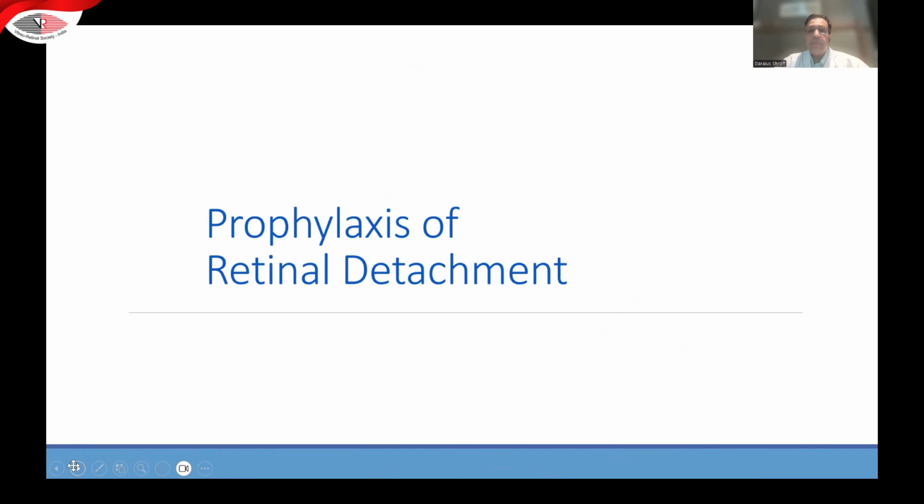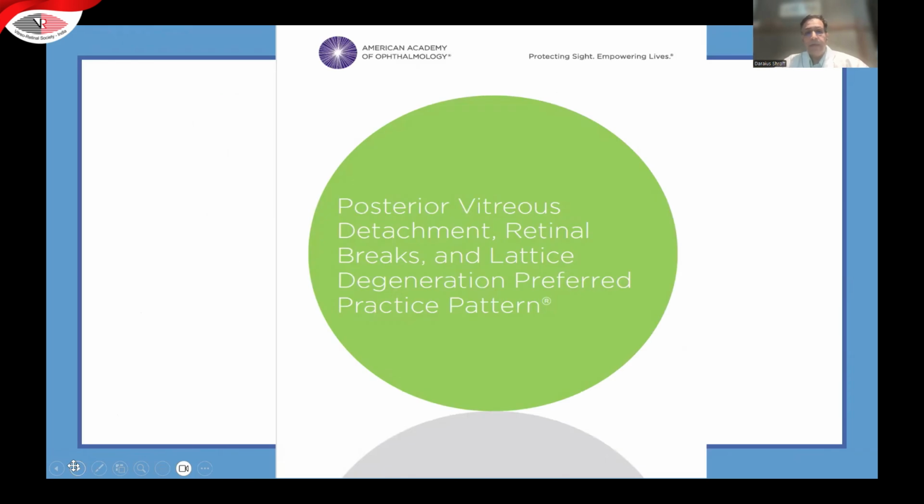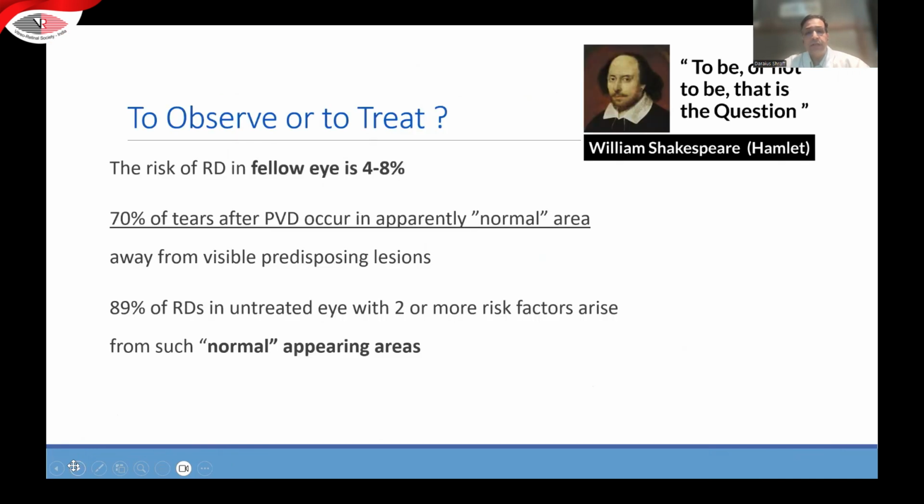What about prophylaxis? Now, this is something which is very, very important because there's a lot of debate on this topic. And we have very good guidelines which have been given by the American Academy of Ophthalmology on prophylaxis of retina detachment and of these lesions which can occur, which can be precursors to retina detachment. So the million-dollar question is to observe or to treat. The risk of a fellow eye getting a detachment is roughly between 5 to 10%.